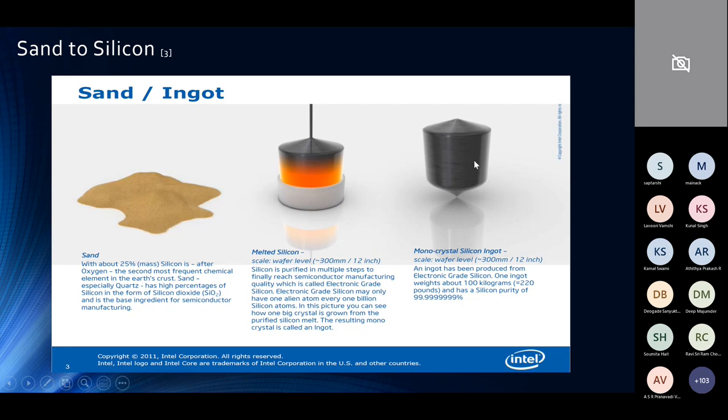The size, or the diameter, if you will, defines the wafer size. It gets created in this cylindrical shape, and if you see here, the purity is 99 point, there are like 8 nines after the decimal point, I think. That has to be the level of purity you are working with to be able to fabricate chips. So it's a very complex process.